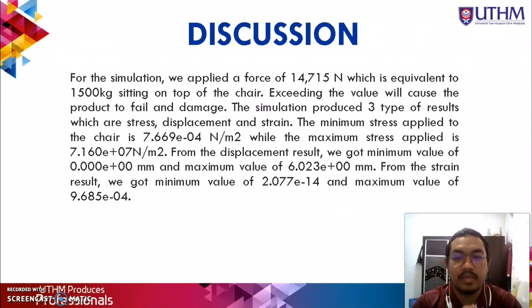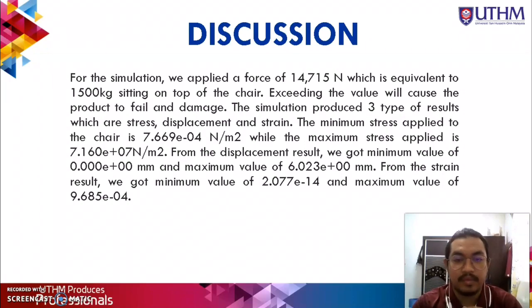The simulation produced three types of results, which are stress, displacement, and strain. The minimum stress applied to the chair is 7.669 × 10^-4 newton per square meter, while the maximum stress applied is 7.16 × 10^7 newton per square meter.